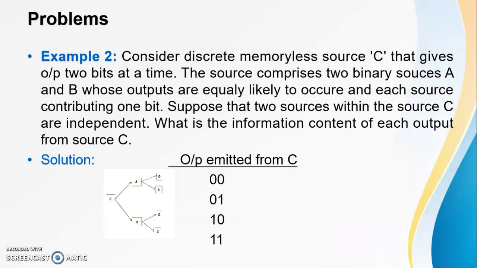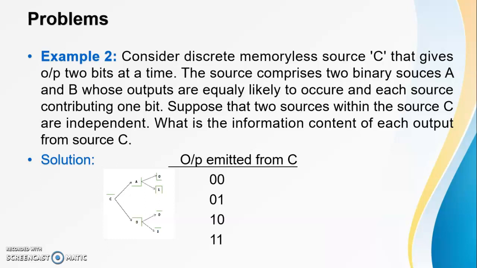So now you can see that a binary memoryless source C has two sources A and B. Each of sources A and B produces two outputs, 0 and 1. A produces 0 and 1, B also produces 0 and 1. And the outputs are equally likely messages.